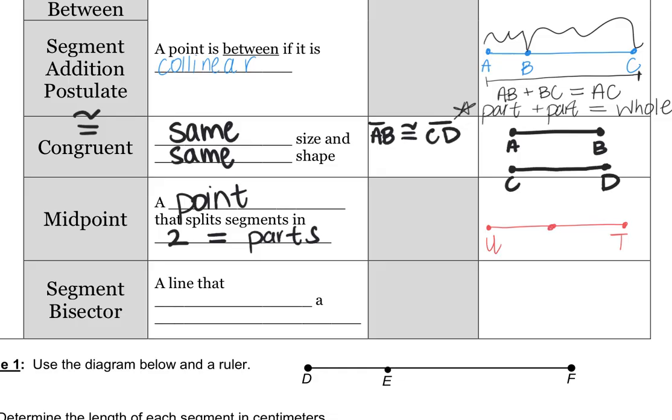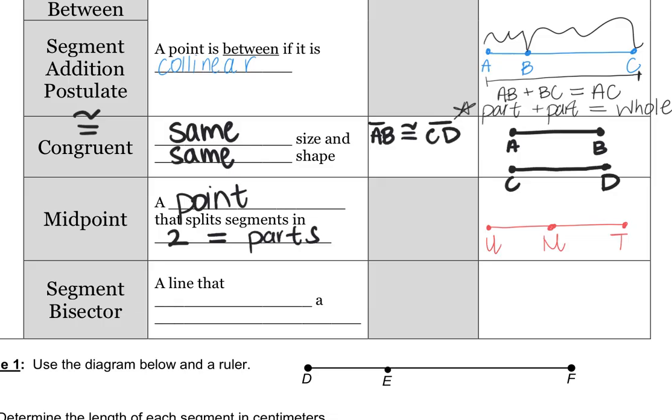Roughly in the middle. It's not going to be perfect, but I'll say that's the midpoint. And we're going to call it M for midpoint. All right, so I am putting M in the middle directly of U and T, which is giving UM is congruent to MT. We have two equal parts, U to M and M to T.